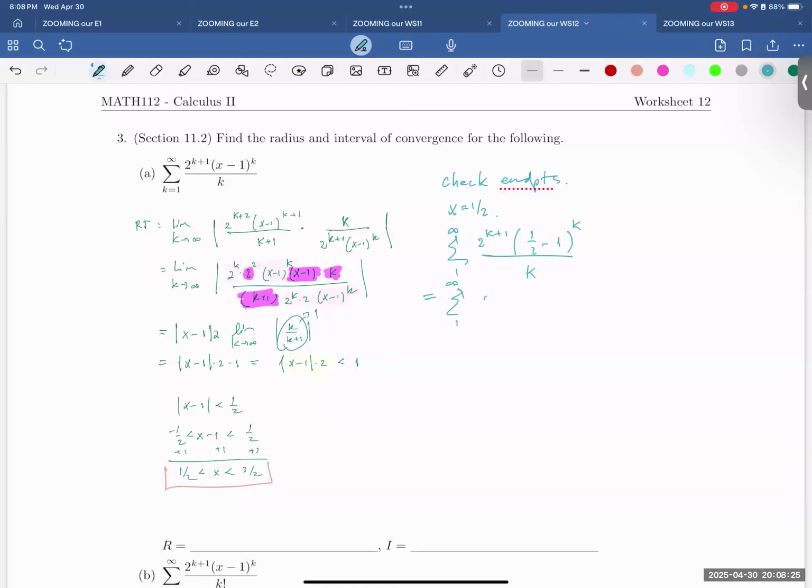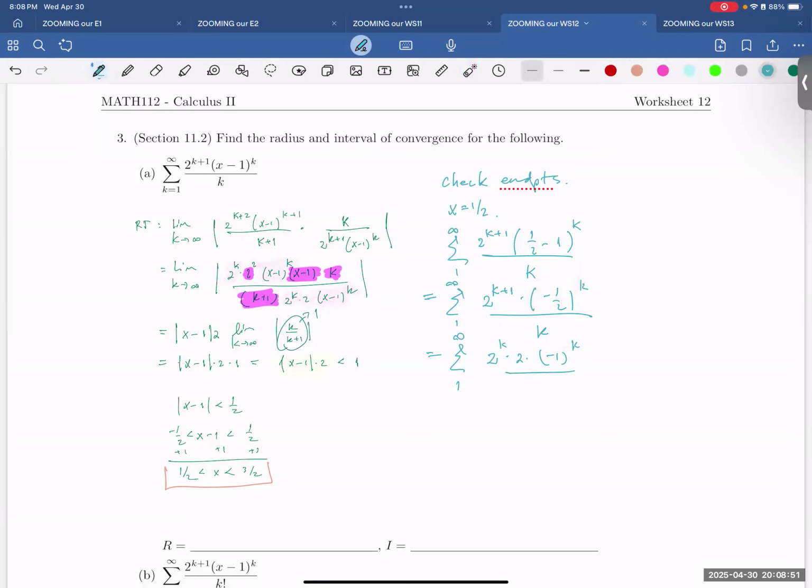We have the sum from 1 to infinity of 2 to the k plus 1, times 1 half minus 1, which is negative a half, to the k, over k. This is the sum of 2 to the k, I'm going to do times negative 1 to the k over 2 to the k. This k also applies to the 2, so not only to the negative 1 with parentheses like I have, but that k applies to the 2, and it'd be in the denominator.